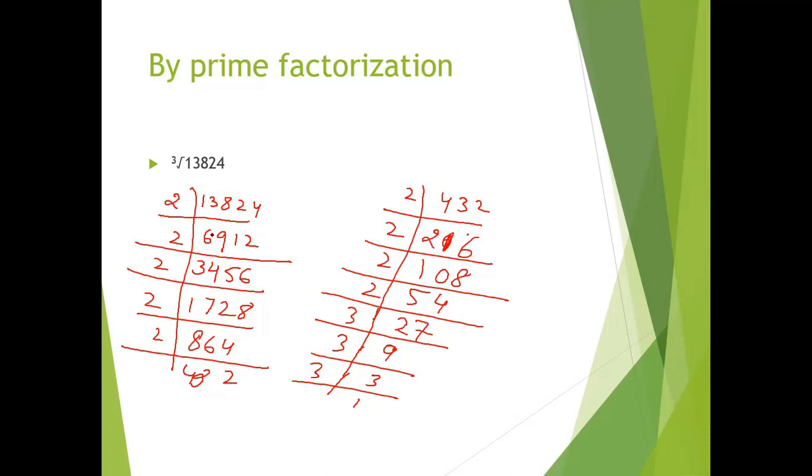Okay. Now write the prime factors in this form. 2 into 2 into 2. We have to write it very carefully; we don't have to miss anything. 2 into 2 into 2, 2 into 2 into 2 again, and 2 into 2 into 2. Now 3 into 3 into 3. Now make groups of 3 starting from the left-hand side.